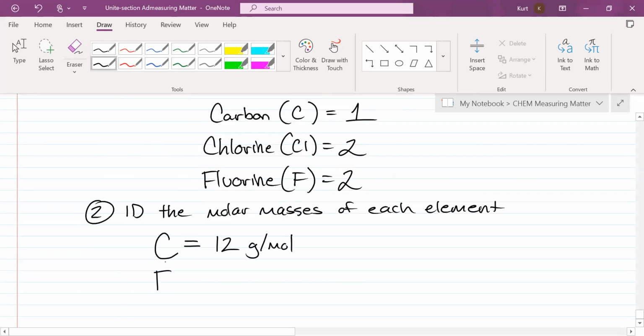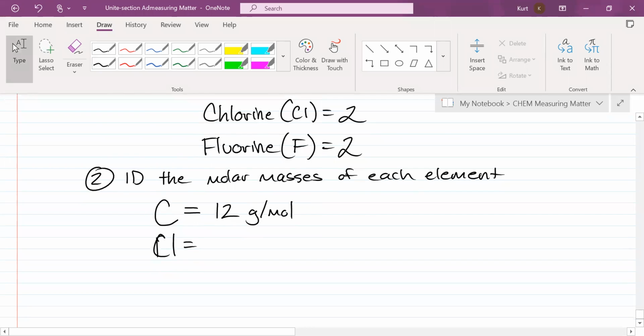For fluorine, or not fluorine, let's do chlorine. What is the molar mass of chlorine? Jade? 35 what, Jade? Don't make me keep having to ask of what? Carson Cheeseman, what is the molar mass of fluorine? 18 of what, Carson?